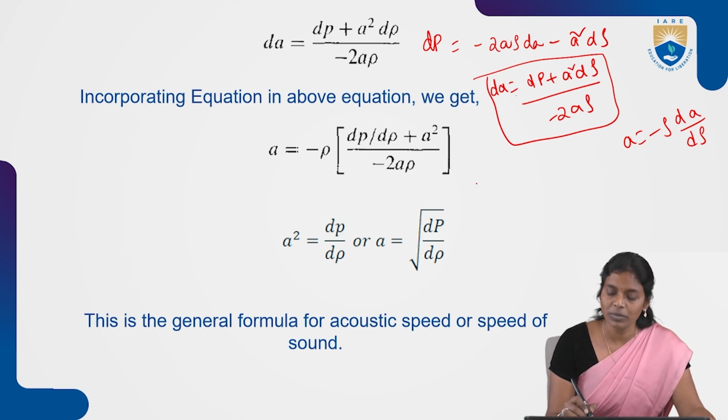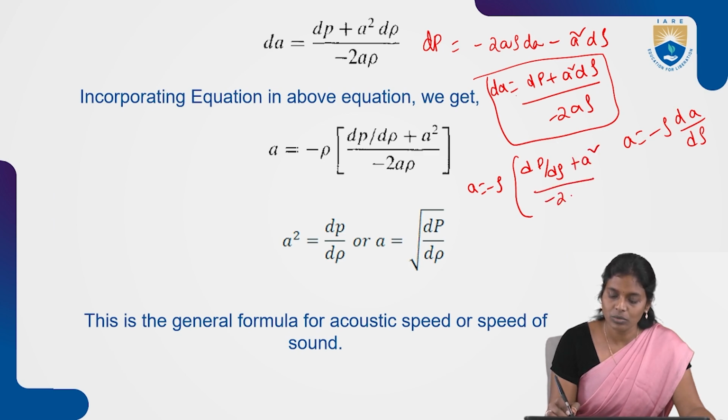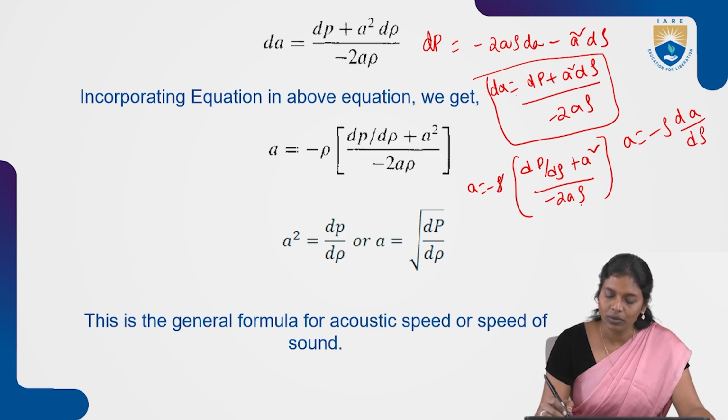So now what will it be? A equal to minus rho, so we will substitute, and this will become dP by d rho plus A square only, minus 2A rho, right? So what will be there? Rho gets cancelled out. These two will be cancelled out.